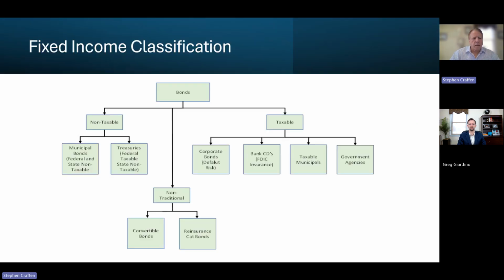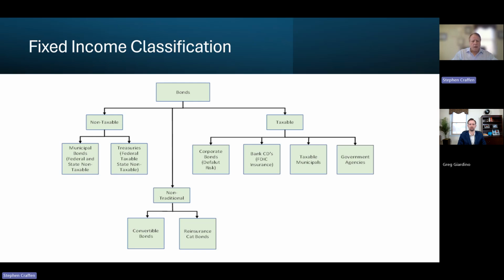So here's a fixed income classification, and we kind of break it down into three categories: non-taxable, taxable, and non-traditional. Now, non-taxable municipals generally issued by towns and states. Also treasuries, but treasuries are only non-taxable on the state level, but they're taxable on the federal level. Then, of course, we have the taxable bonds, which include corporate bonds.